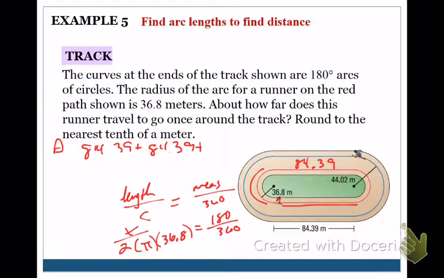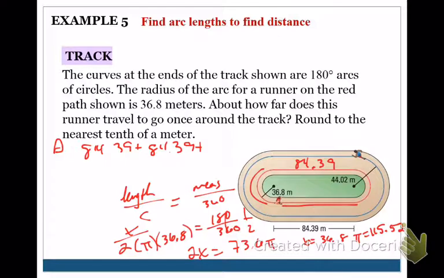You can reduce this down to 1 over 2. So you get 2x equals 2 times 36.8 pi. Divide by 2, and you end up back at 36.8 pi. If you multiply 36.8 times 3.14, you get 115.52.